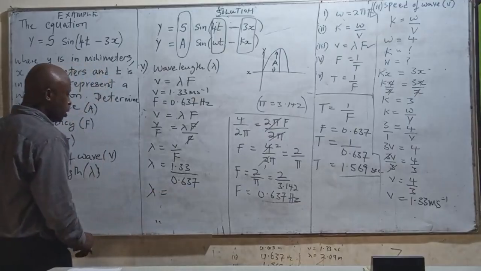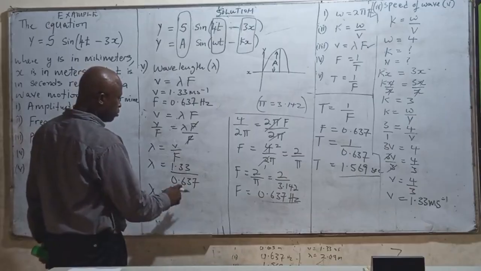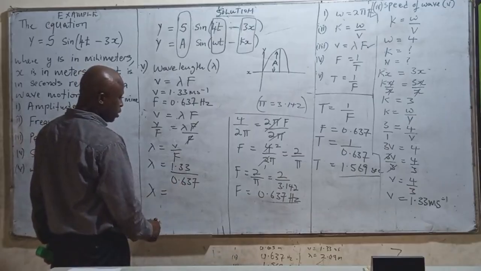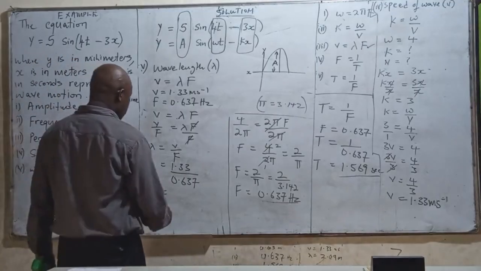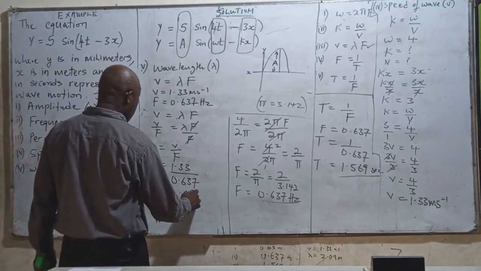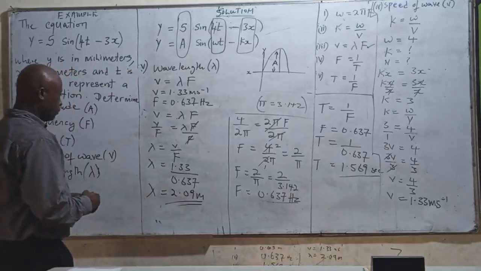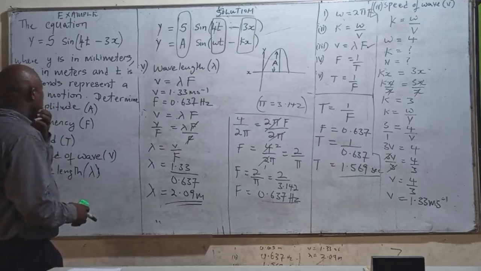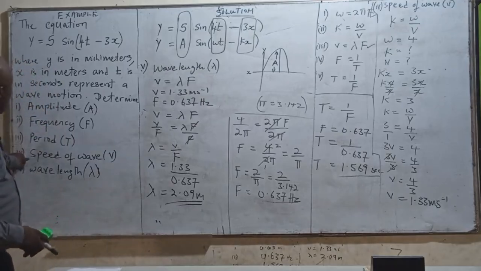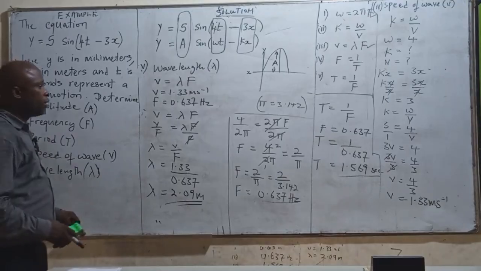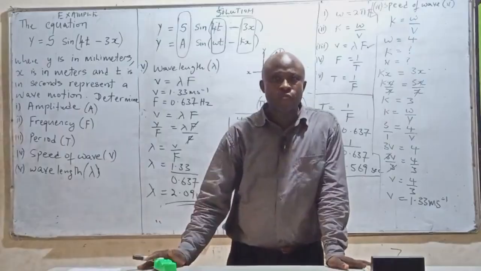When you divide the numerator by the denominator, our value becomes 2.09 meters. So we have succeeded in solving for amplitude, frequency, period, speed v, and wavelength lambda. With this, we come to the end of this section.